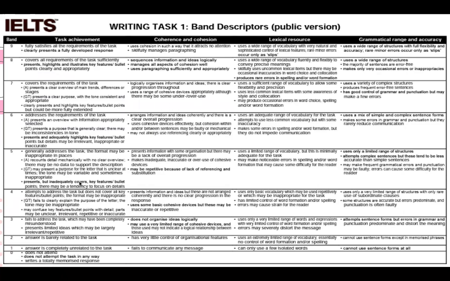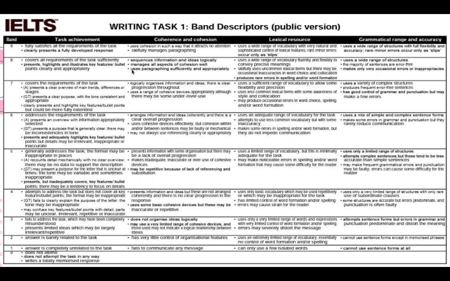Okay. Then they'll do the same with task 2 with your essay. And they will give you 1 for task response. They will give you 1 band score for coherence, 1 for lexical, 1 for grammar. They will add them up and they will divide that by 4, and you will get an overall for task 2.